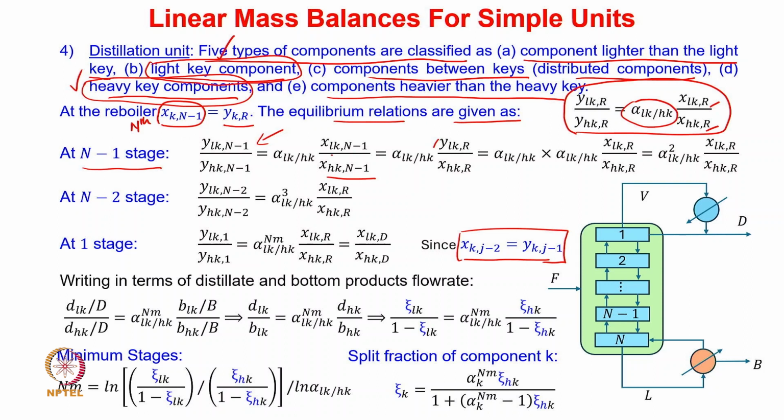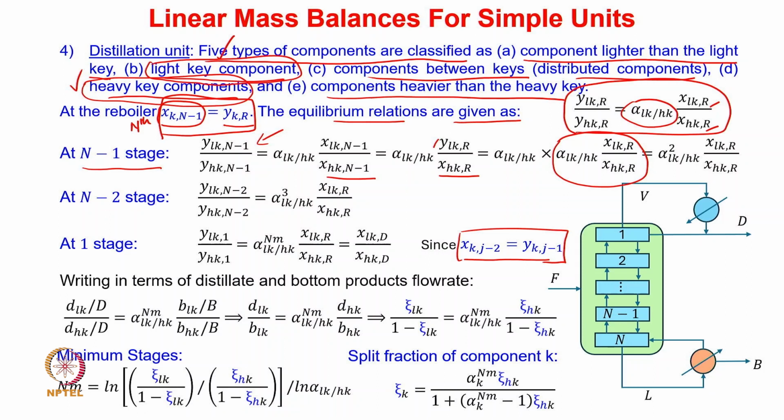Remember, xlk n minus 1 is same as ylkr, and similarly xhk n minus 1 is same as yhkr, using this particular equation. So with this we can replace this xlk n minus 1 divided by xhk n minus 1, and once we have replaced that by ylkr by yhkr, this ylkr and yhkr are again represented in the form of relative volatility and xlkr divided by xhkr.